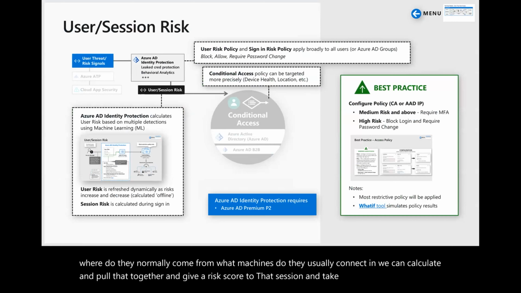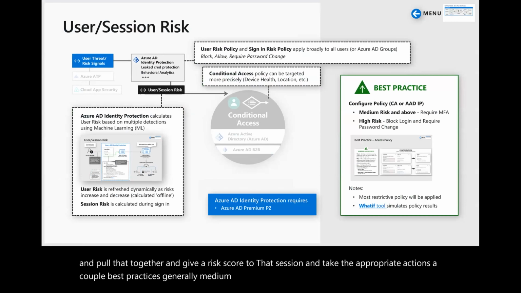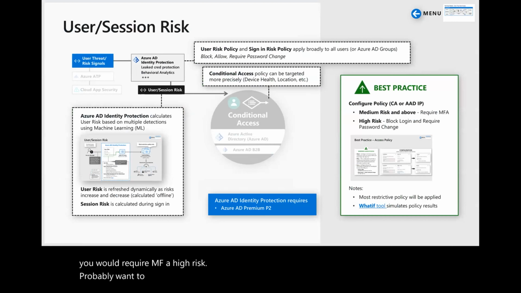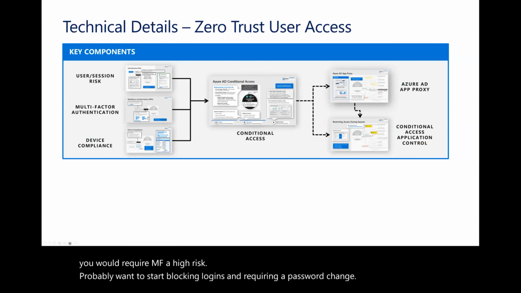A couple best practices: medium risk and below, you would require MFA. High risk, you probably want to start blocking logins and requiring a password change. We'll tie that in with MFA.